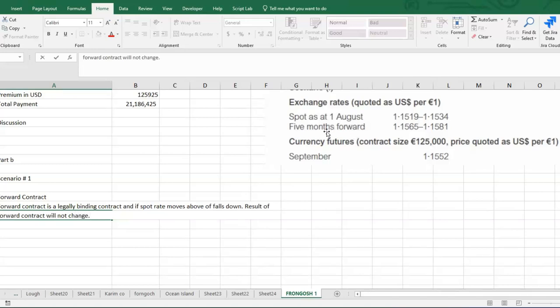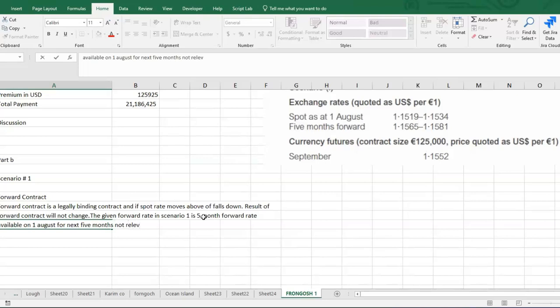So what is this forward rate, sir? The given forward rate in scenario 1 is the 5-month forward rate available on 1st August for the next 5 months.